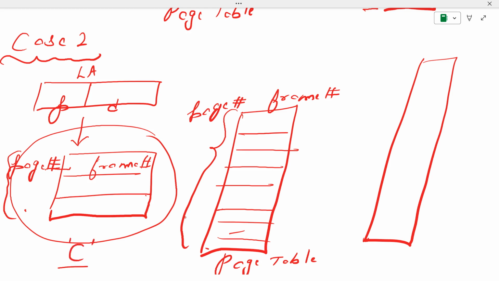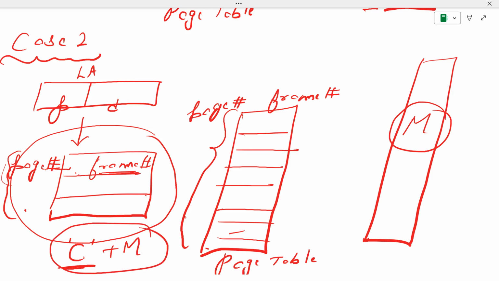So it takes, let's say, c time. First we access this part, which takes c time, and correspondingly we obtain the frame number, and then accessing the memory takes m time. So altogether we are taking c plus m time if the page is found in the TLB, where the hit ratio is x.